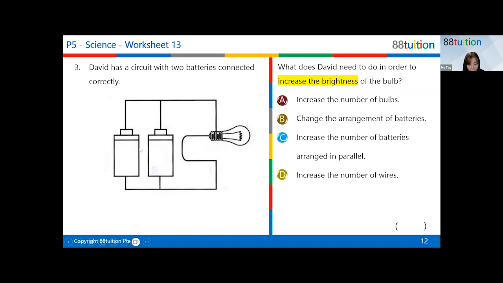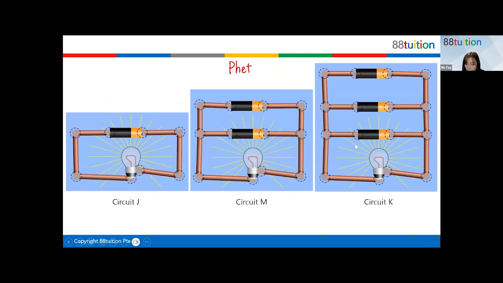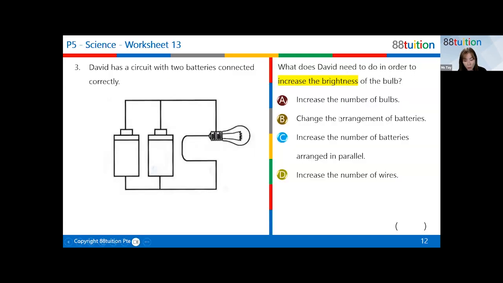So now I have two batteries arranged in parallel. We already learned, right? No matter how many batteries I add on, so long as it's in parallel, the brightness is going to be the same, just 1 unit, right or not? So it doesn't matter if I continue adding on. The brightness is not going to change. So what must the person do?